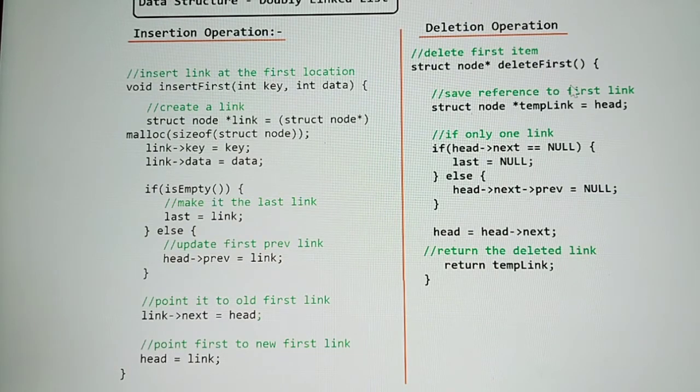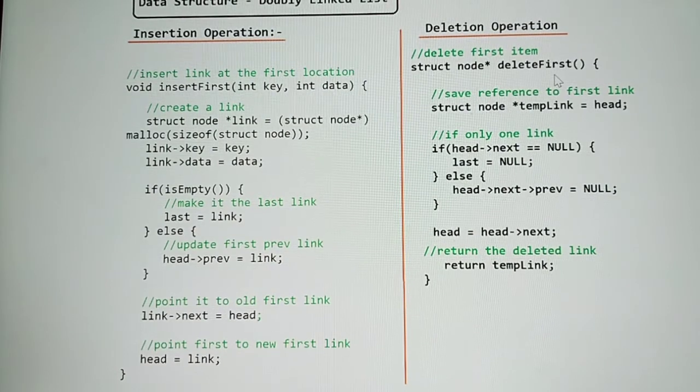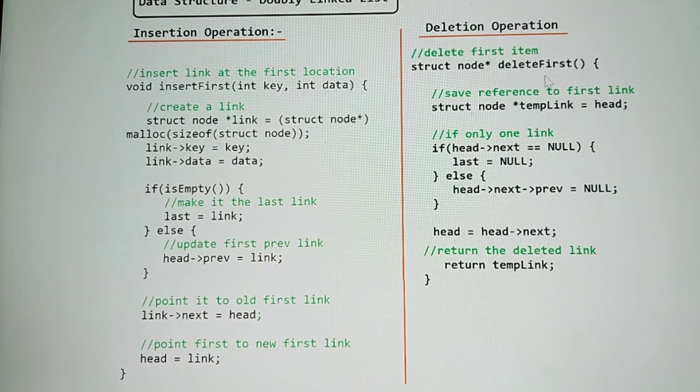It is also the common part of all linked list code. Struct node delete first, we want to delete the first element, so we write delete first. And then the loop will be open, and it is the full loop where the full code will run.